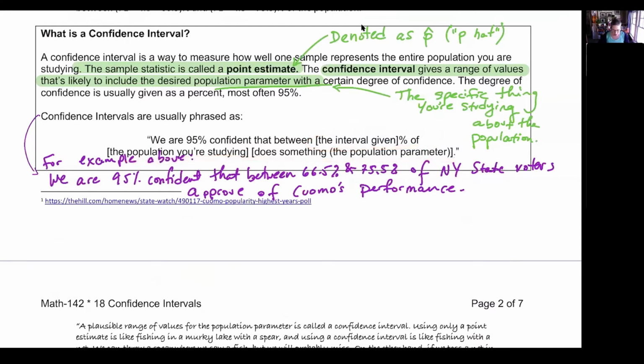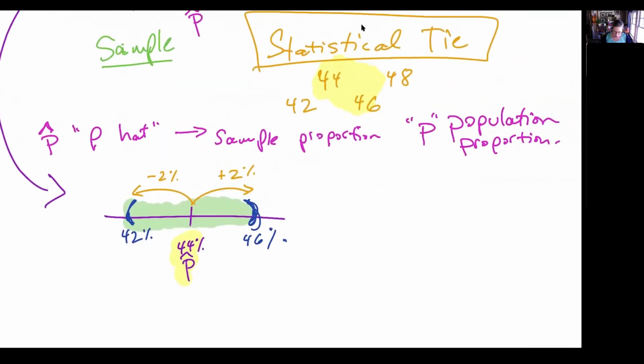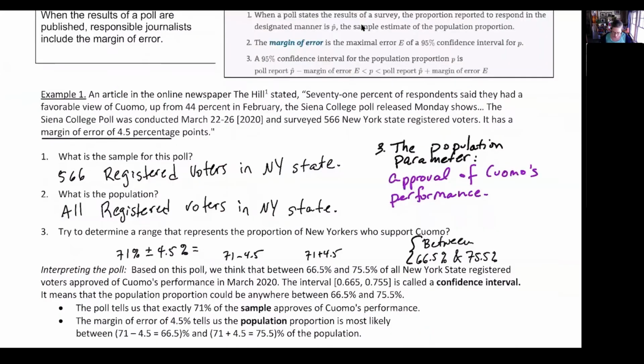For our example, we are 95% confident that between 42 and 46% of all voters in the US are going to vote for Trump. That's how we would translate that.